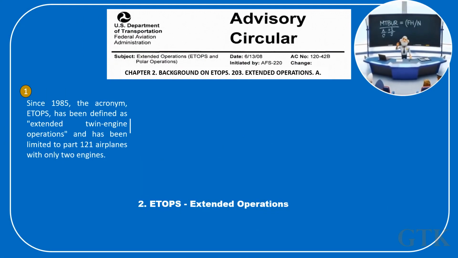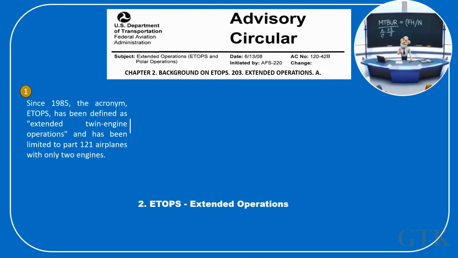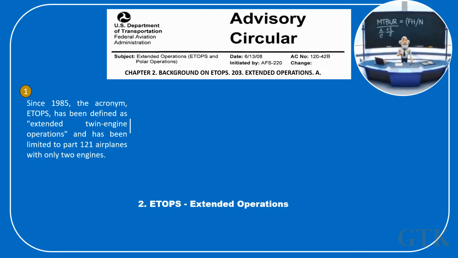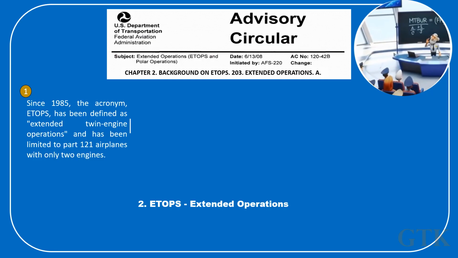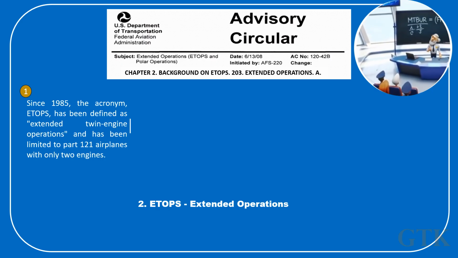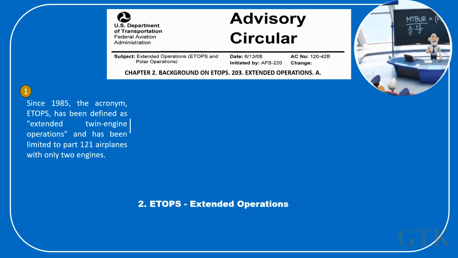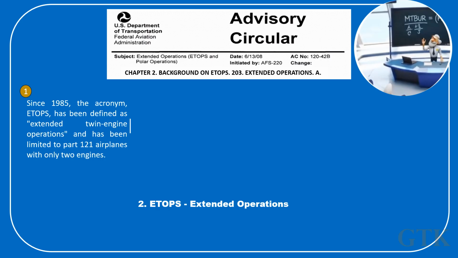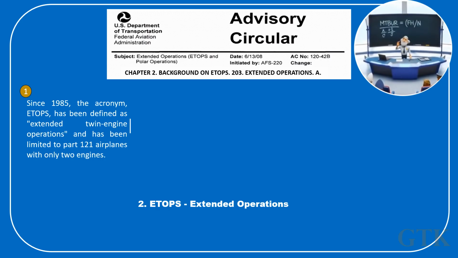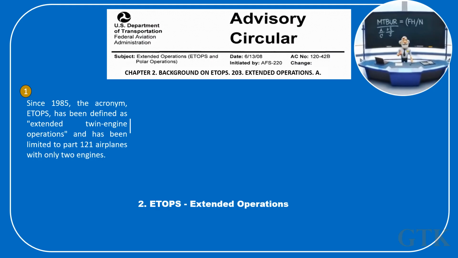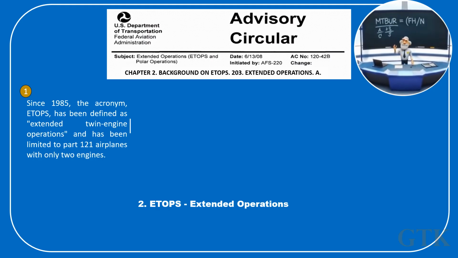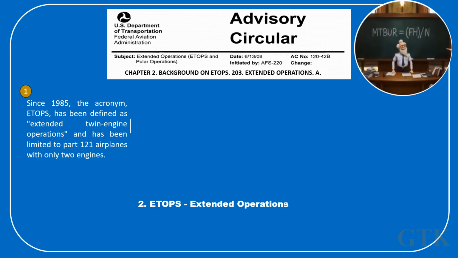Now, let's move to Chapter 2, Background on ETOPS, Section 203A of the AC 120-42B document, that is called Extended Operations, and find out what ETOPS stands for, as per this AC.